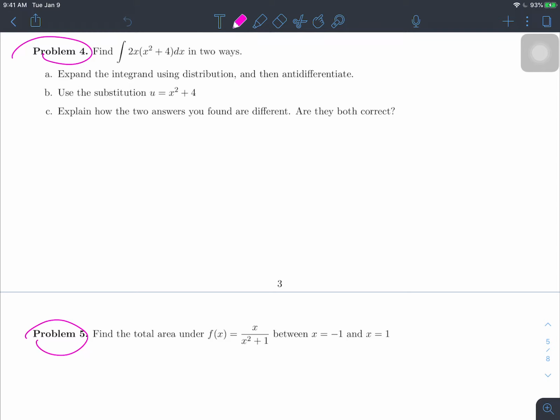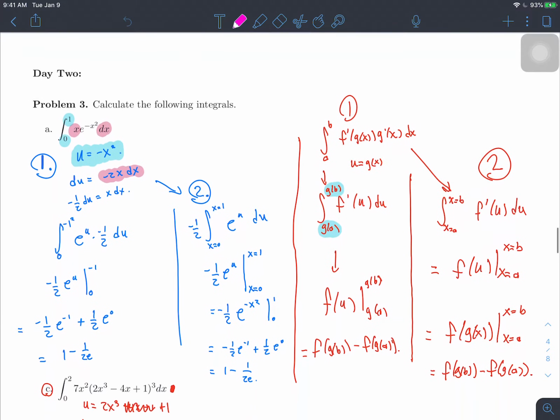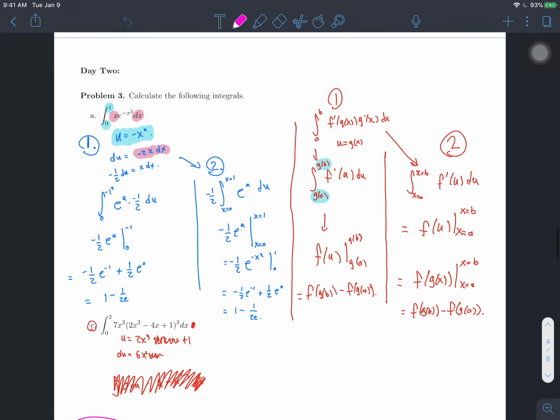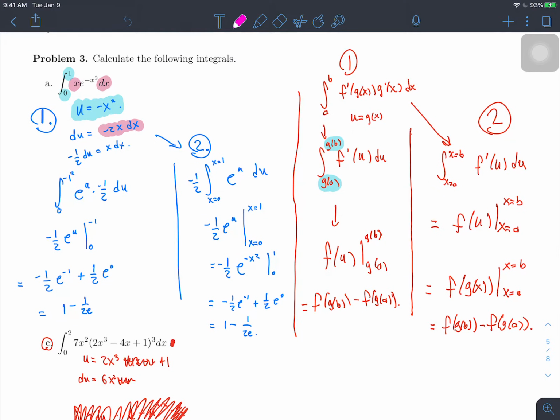Whichever method you use on a homework or on an exam is totally up to you. I'll never ask you to use one method over the other. But there will be times where it'll be much easier to use one over the other. For example, let me highlight in yellow here.